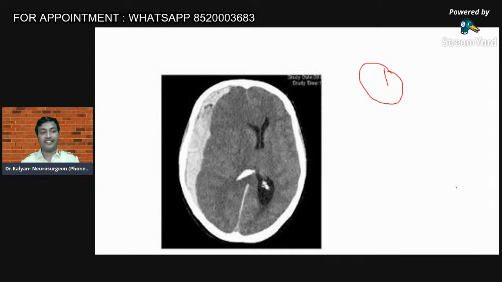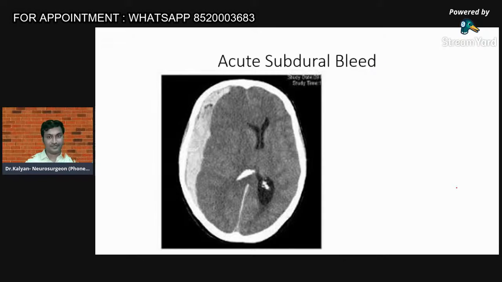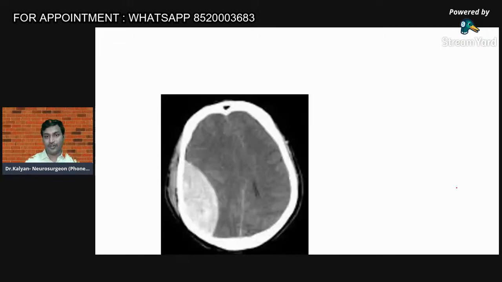I'm waiting for your answers. As Dr. Sujan has answered, right acute subdural hematoma with midline shift. Right. Anyone else? Right. So what is picture number 2?